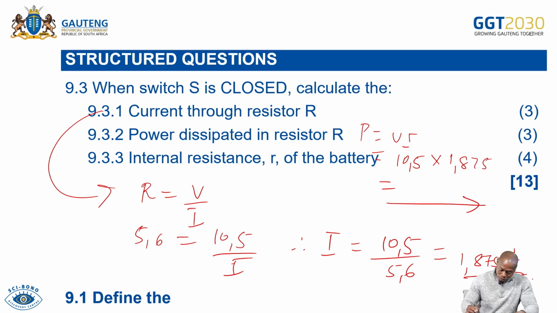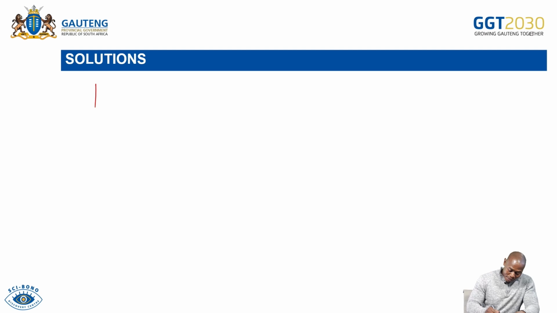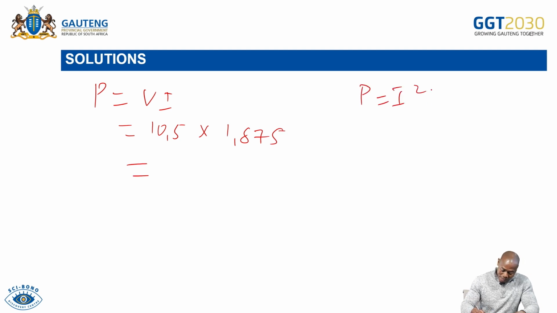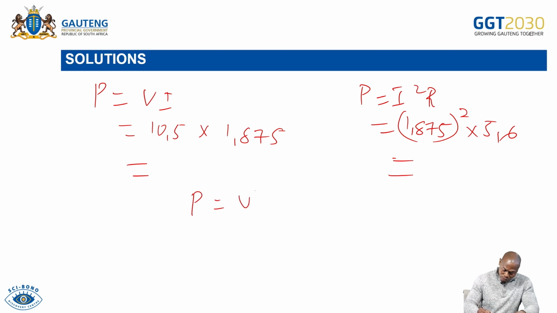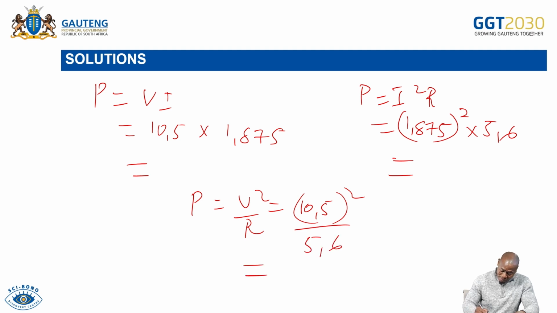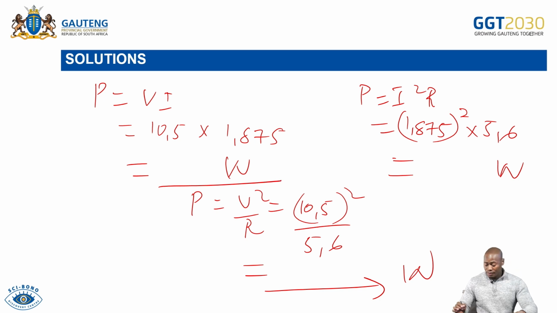I can also use P equals I squared R, which is going to be 1.875 squared times 5.6. I can also use P equals V squared over R, which is 10.5 squared over R, which is 5.6. So I must get the same answer here in watts. So I can use any, right?